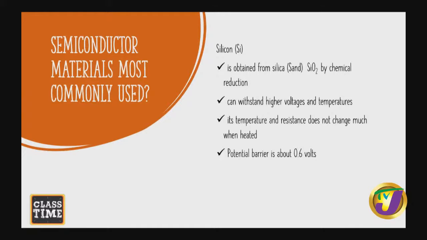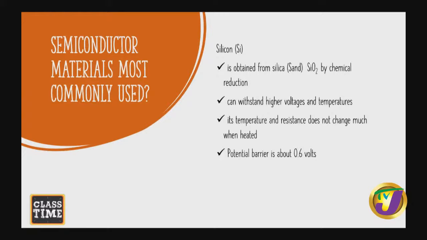Its temperature and resistance do not change much when it is heated, and that is very key to note, as we will be discussing how temperature does have an effect on semiconductor materials. Its potential barrier is about 0.6 volts.